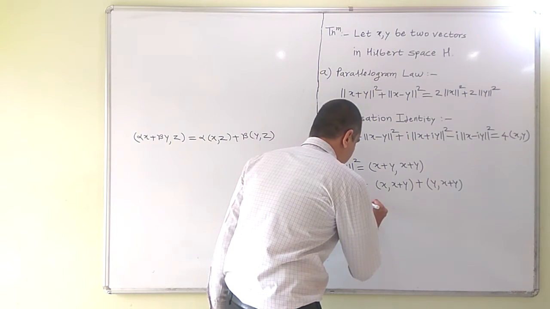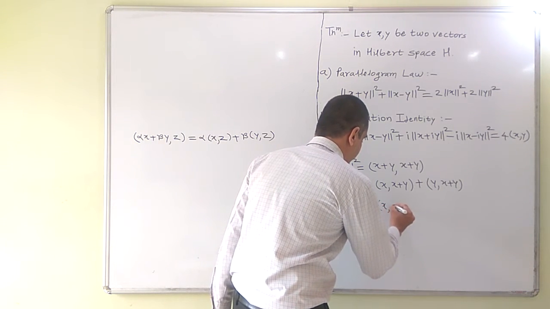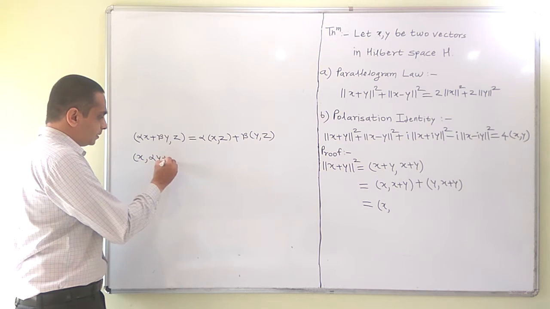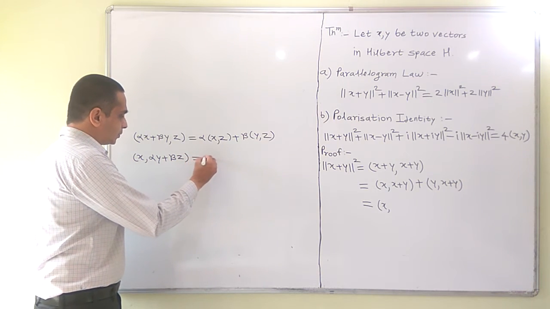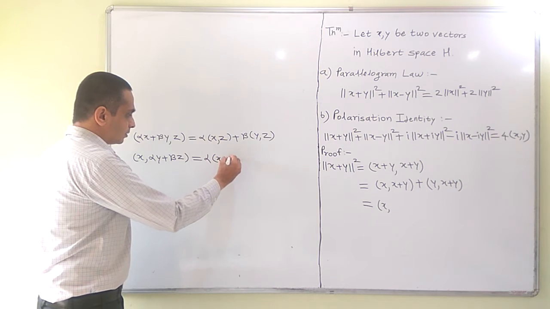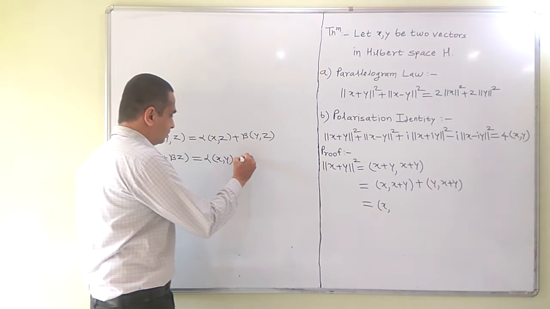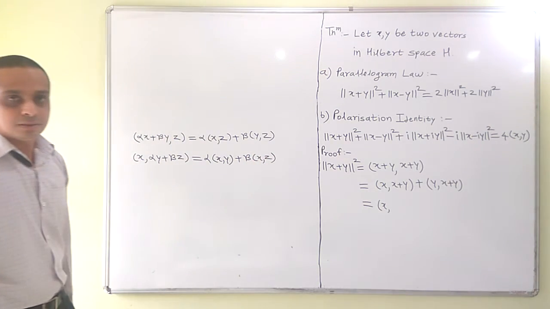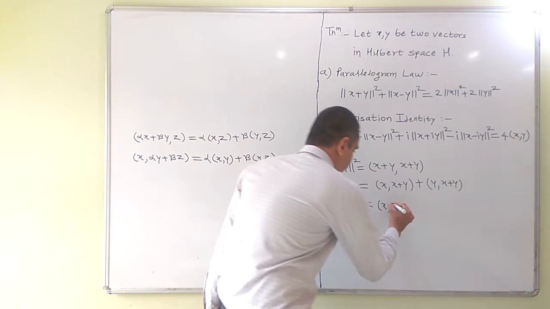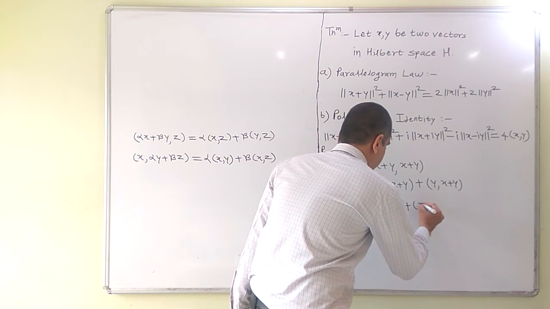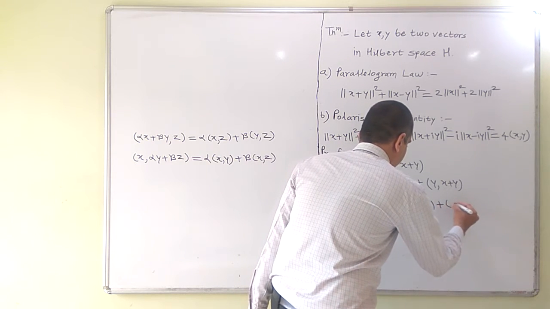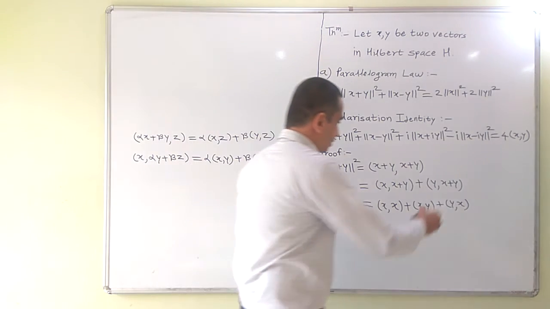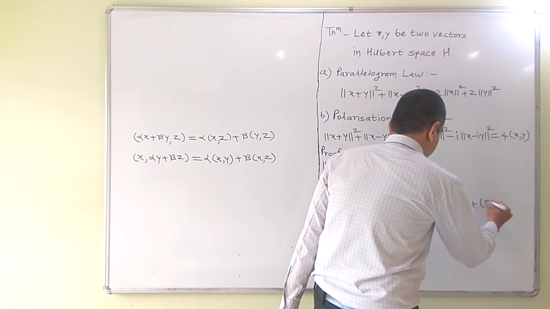Alpha and beta are 1 here throughout. Okay. So this is equal to, further simplification. In the next step we are using this property: inner product of x with alpha y plus beta z equals alpha inner product of xy plus beta inner product of xz. So inner product of x and x plus inner product of x and y plus inner product of y and x, conjugate of 1 is 1, that's why we are having this term.